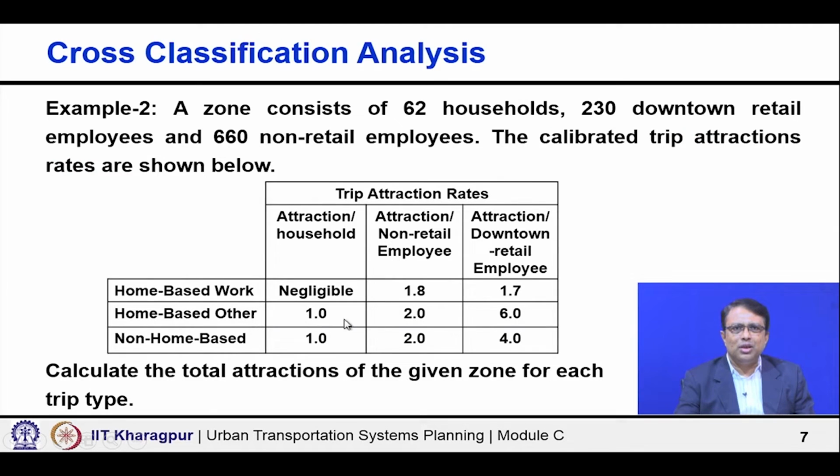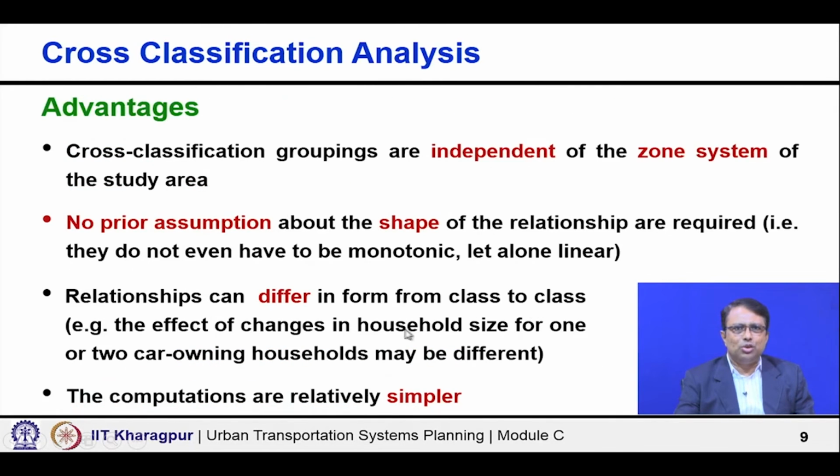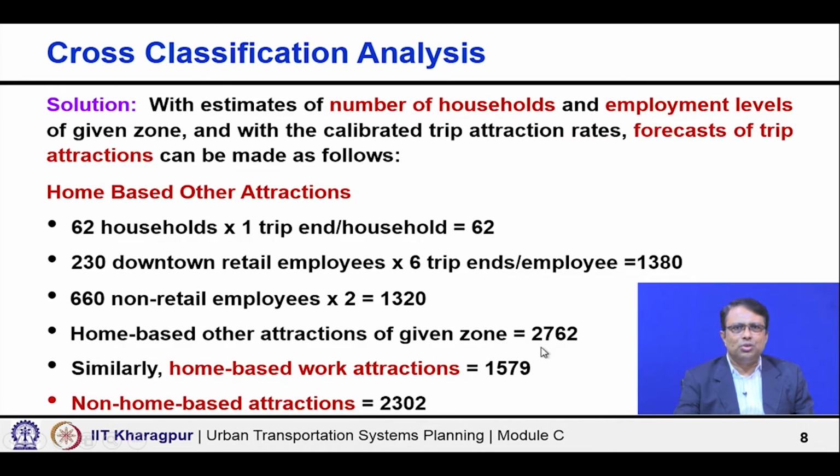So, the total home based other will be how much? Home based other, considering these three components with trip rates 1, 2 and 6, that is what we did, and the total will come to 2762.